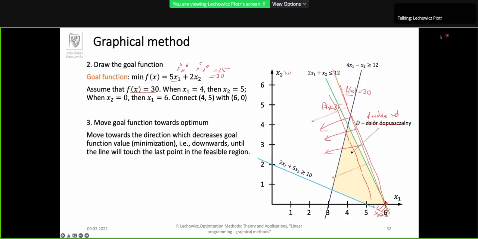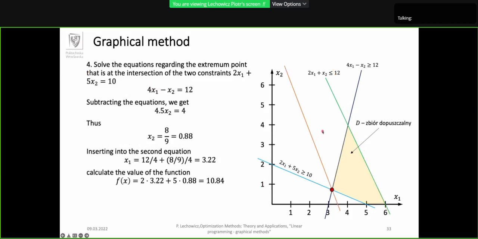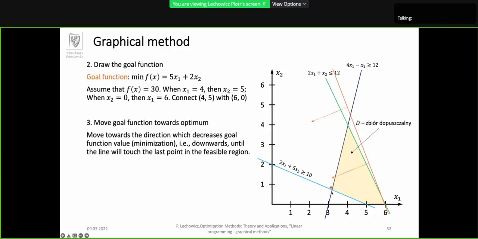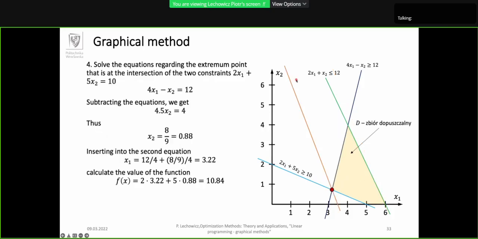So right, I will clear the chart. This is the line drawn by assuming that f of x is equal to 30 when we are moving it towards the optimum.